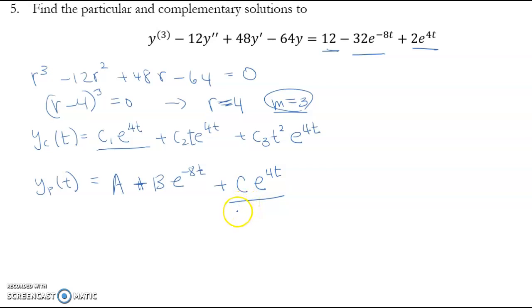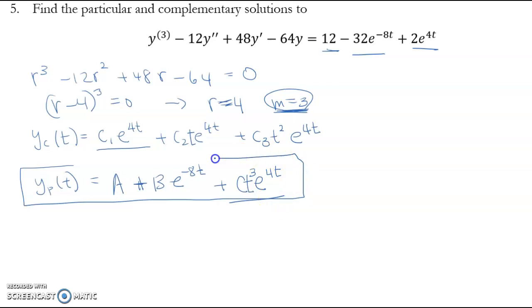Either you're going to end up with 0 equals to 0, or something that doesn't work, like maybe 1 equals to 0. Okay, so in that case, what you do is you have to go back and check our multiplicity is 3, which means we can add not t squared, but we're going to have to add the next term, which is t cubed.